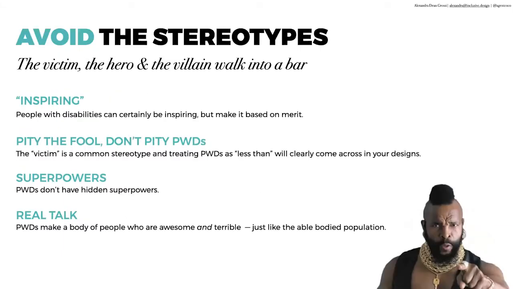This is also from disability studies: avoid stereotypes. There's a tendency in Hollywood to depict people with disabilities in certain ways, and I think pop culture is a very influential body. So just so you're aware, people with disabilities are usually described as victims, heroes, or the villain. We have Scar from The Lion King.